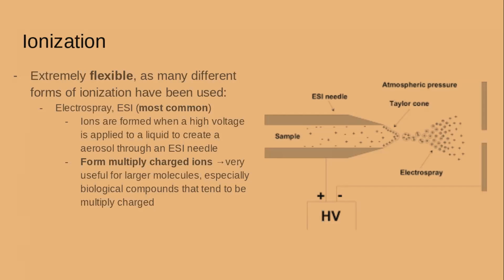In one of the experiments I looked at in my research, they were analyzing a really long DNA strand in the megadalton range, so just huge molecular weight, and it had 30,000 charges on it. I believe they used electrospray ionization and used ICR to get a molecular weight off that, which was really cool.